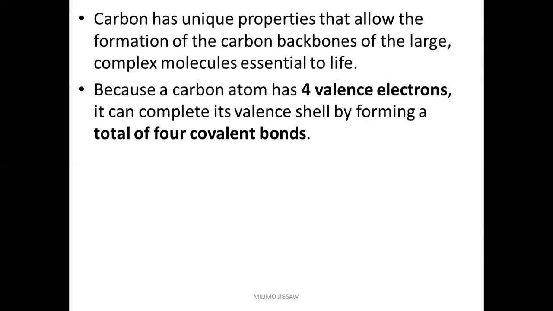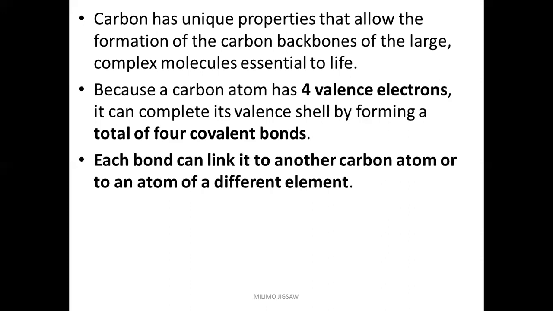This is a very unique property of carbon, which ensures that it forms a backbone of the large and complex molecules that are essential to life. Each bond can link to another carbon atom or to an atom of a different element, for example oxygen, nitrogen, phosphorus, and hydrogen.